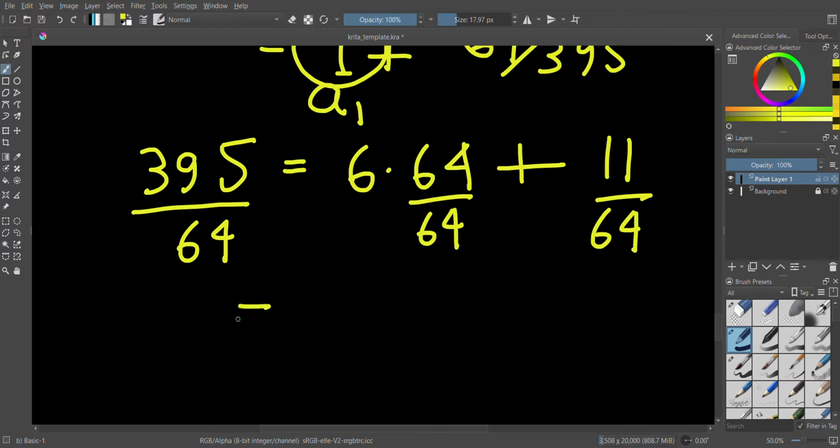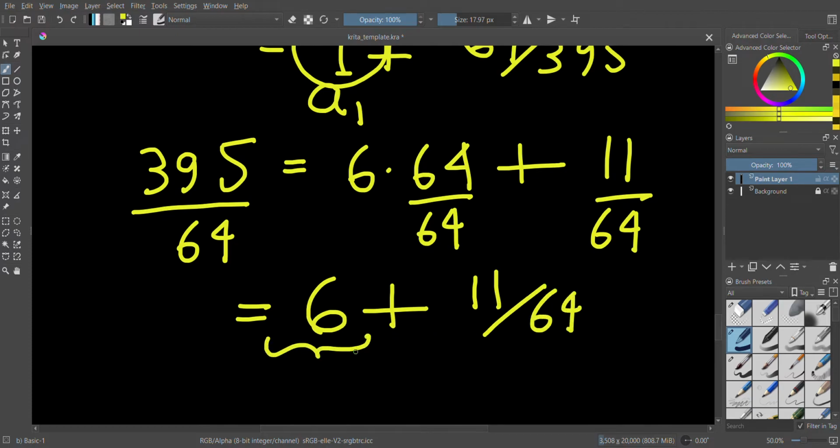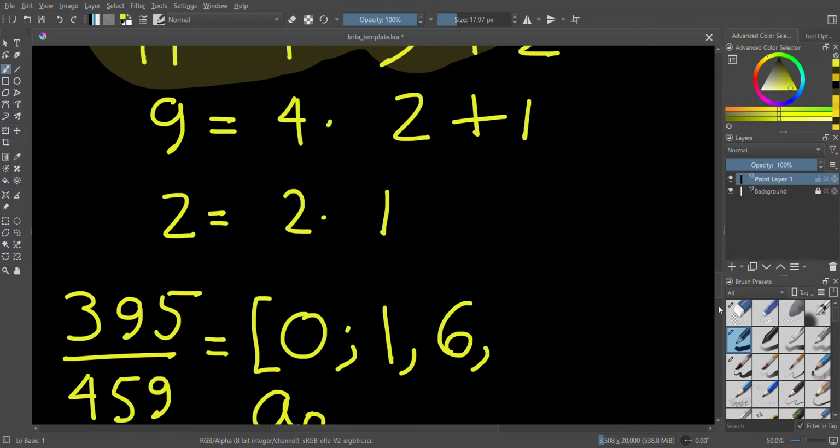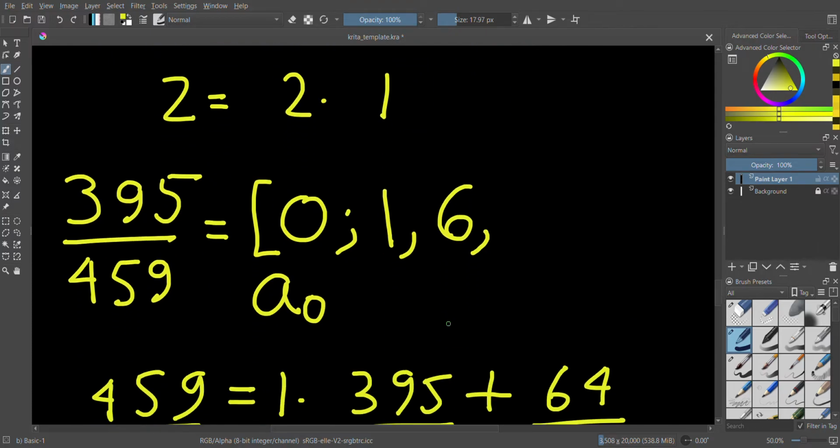And this equals 6 plus 11 over 64. This is our A2. Go up here, write it in. Okay. I think I'm going to need to scoot over a little. So we've got our A1 and our A2.